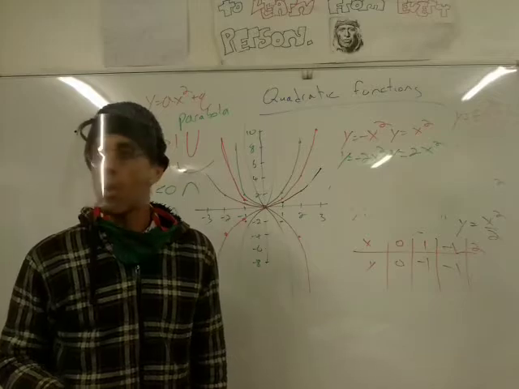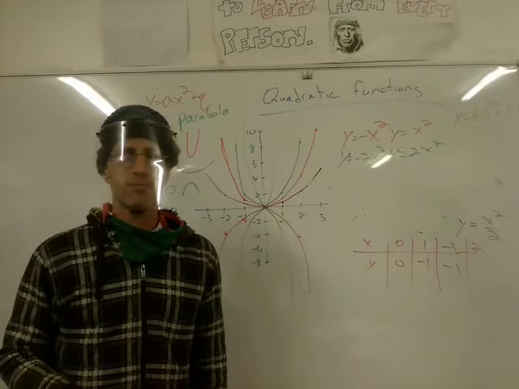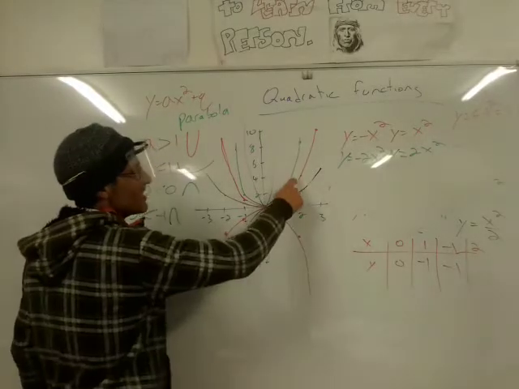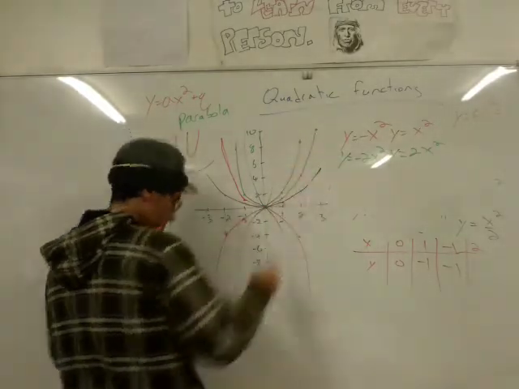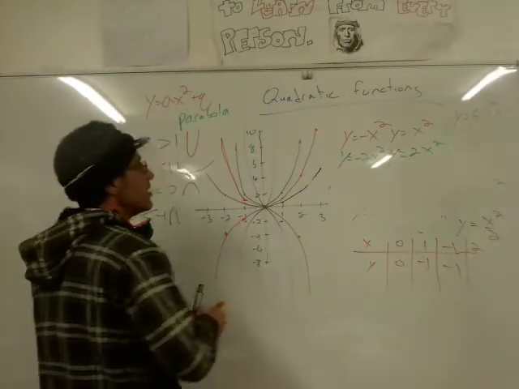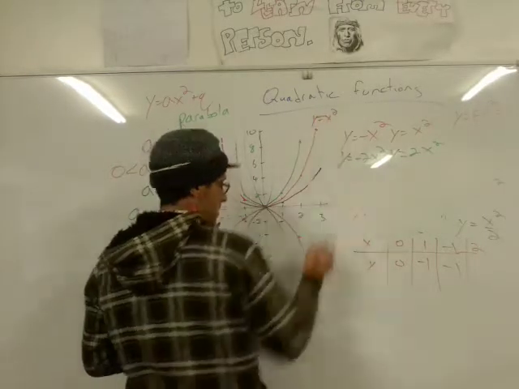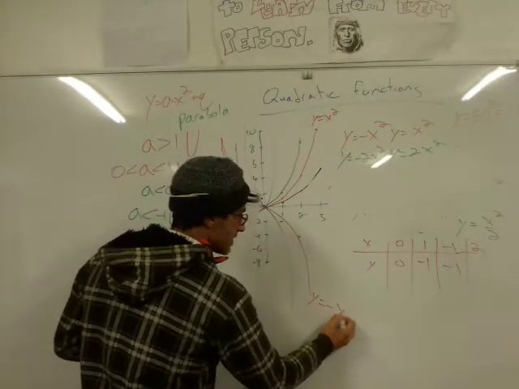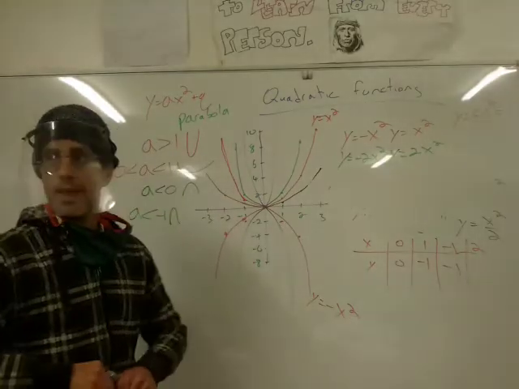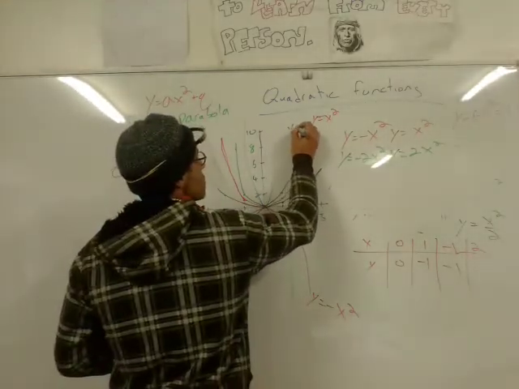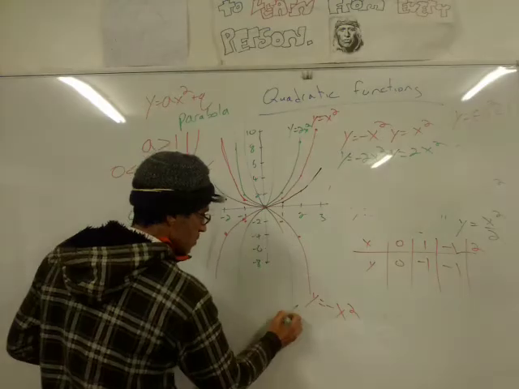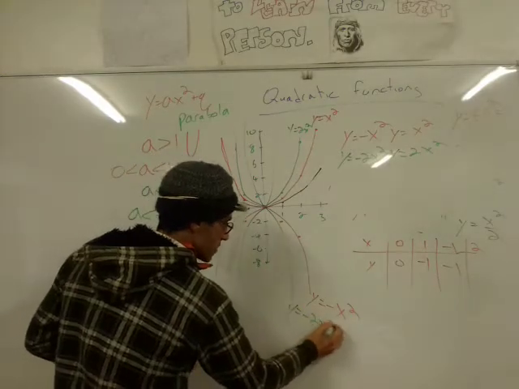The x-axis. Exactly. Look at this. This was y equals x squared. This one is y equals x squared. This is y equals minus x squared. This is y equals 2x squared. This is y equals minus 2x squared.